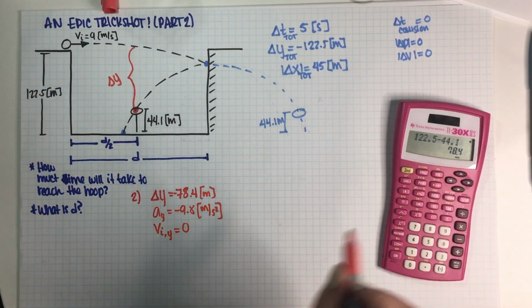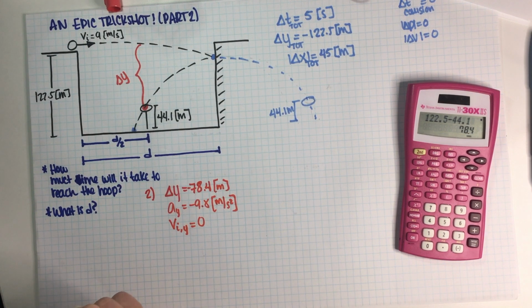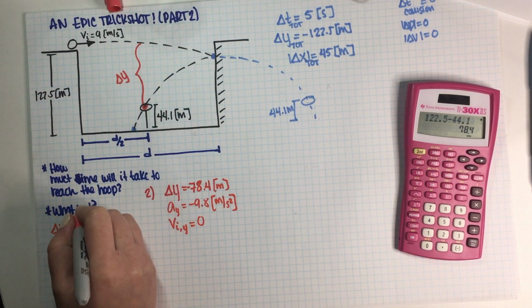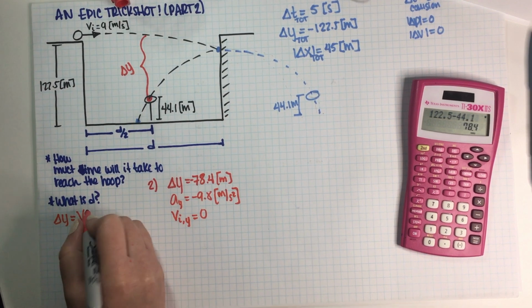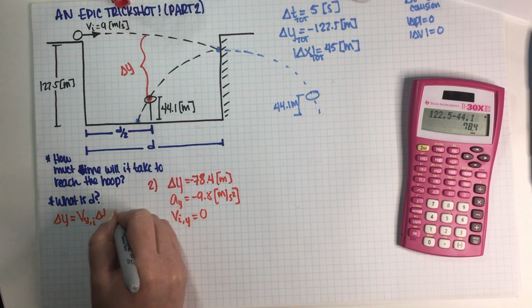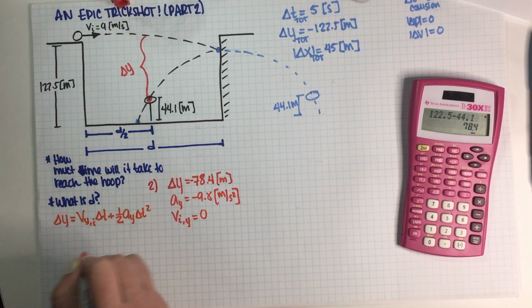So let's go ahead and do that. The equation that I used before and the equation that worked was delta y is equal to v_y initial times delta t plus 1/2 a_y delta t squared.